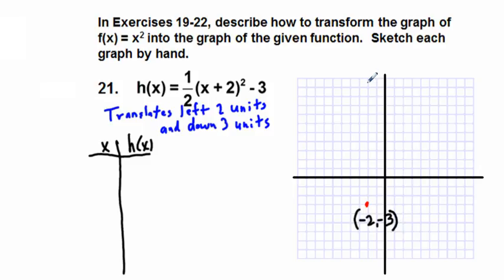Our axis of symmetry is going to be x equals -2. That's our axis of symmetry. And our starting point in our table is going to be the vertex, which is (-2, -3).